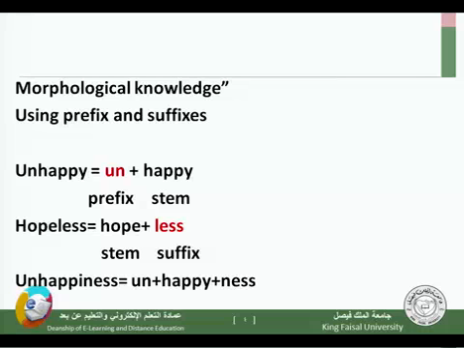The last word, we have the word unhappiness. We have un as a prefix, we have happy and ness. So we added a suffix and a prefix here to the word. This is just to give you an idea that if we add these prefixes or suffixes, we change the word meaning, we change the word class.